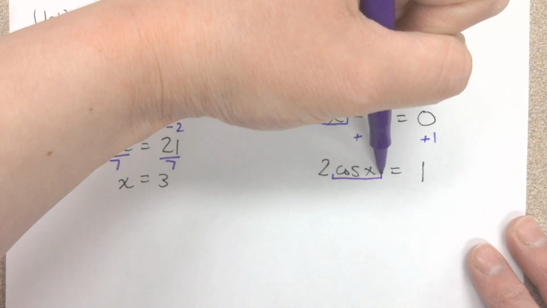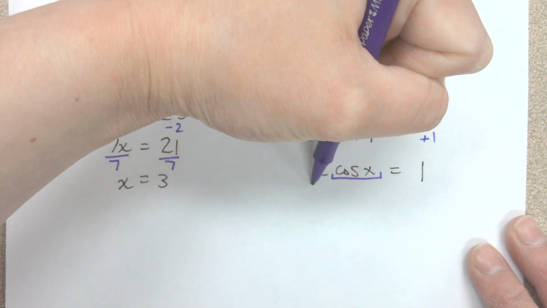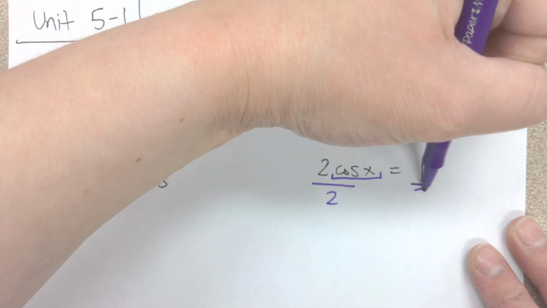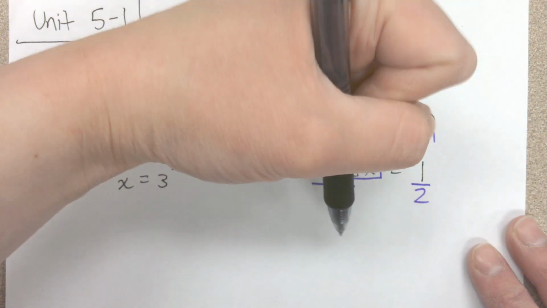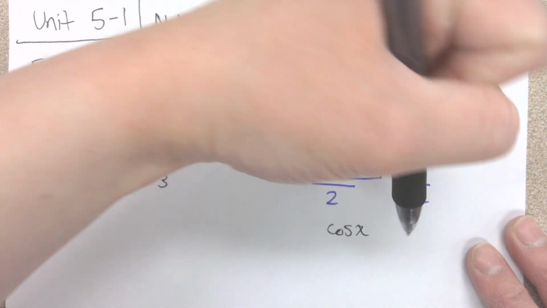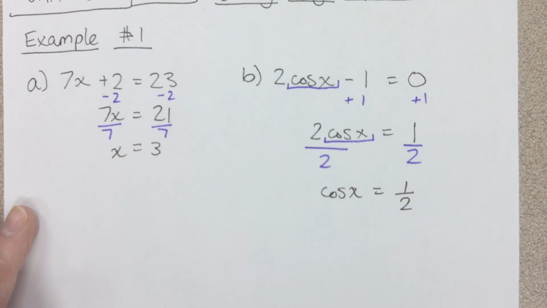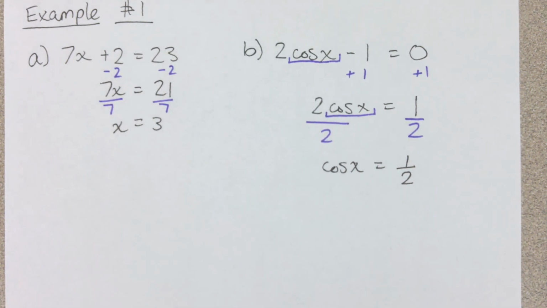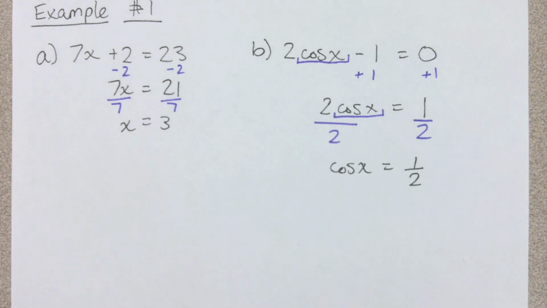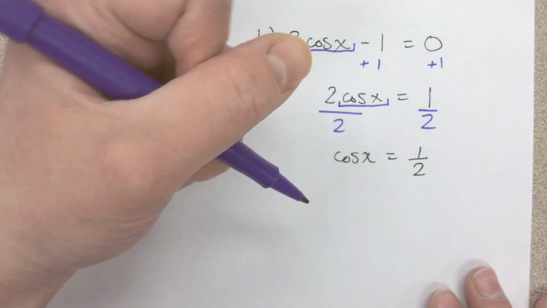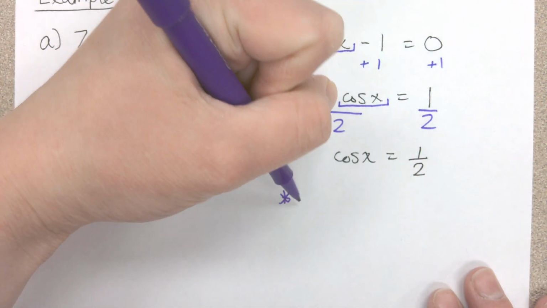Again, solve for the cosine. So we'll divide by 2 on both sides. Cosine of x is equal to 1/2. Once you get the trig function by itself, then you can focus on solving specifically for x. So let's see what this looks like.